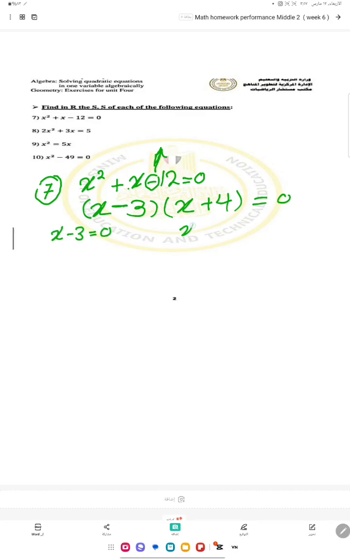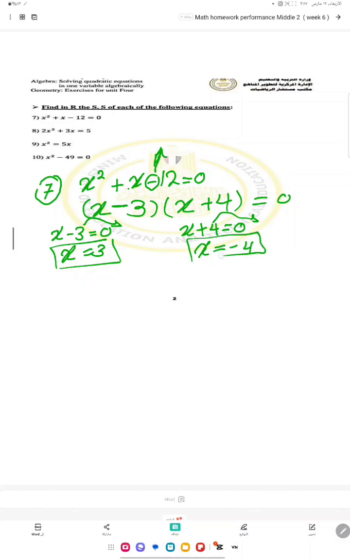Do it like an equation: x plus 4 equals 0. Take 4 to the other side by opposite sign, so x equals negative 4. And here x minus 3 equals 0, take 3 to the other side, so x equals 3. Or directly you can inverse the sign. So the solution set here equals 3 and negative 4.